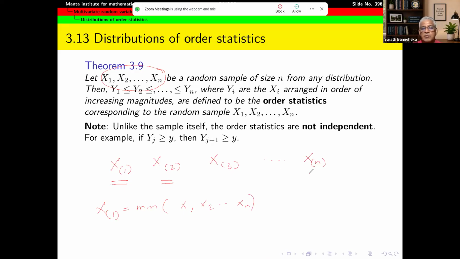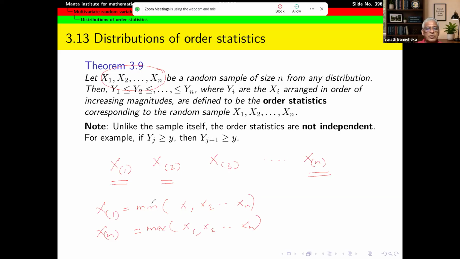Right. And in particular, if you look at x within bracket n, that is a different random variable. It's again a function of x1 up to xn. That is the maximum of x1, x2 up to xn. And similarly, x within bracket 2 will be the second minimum.